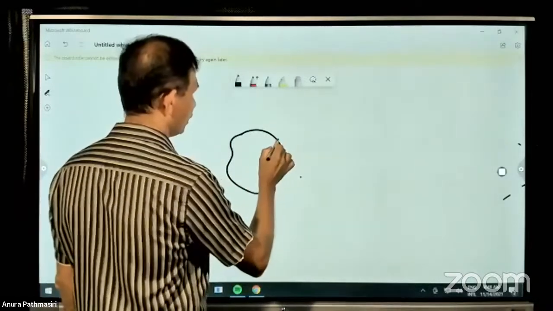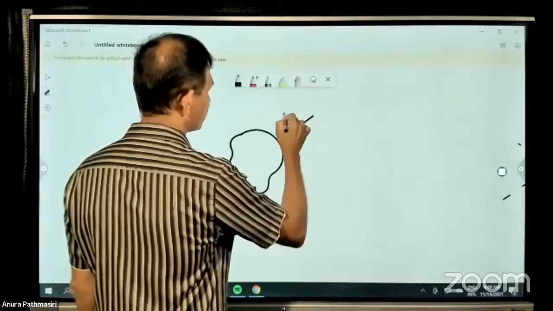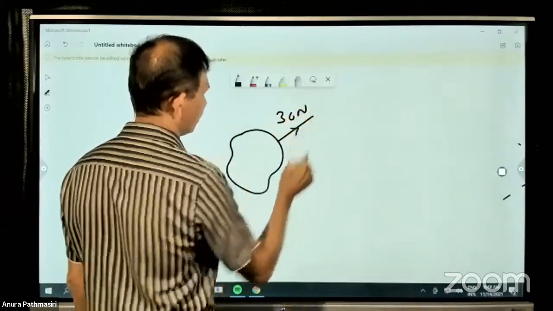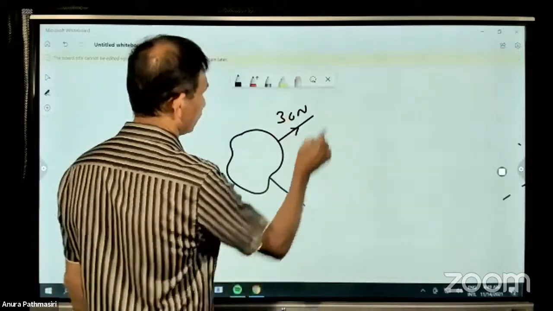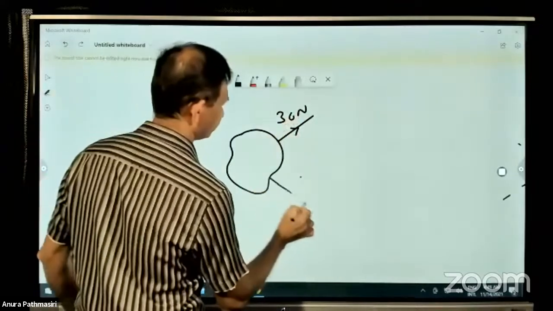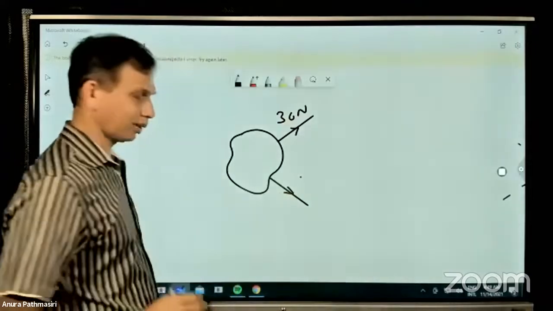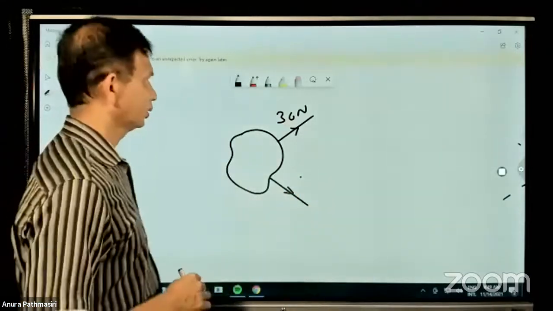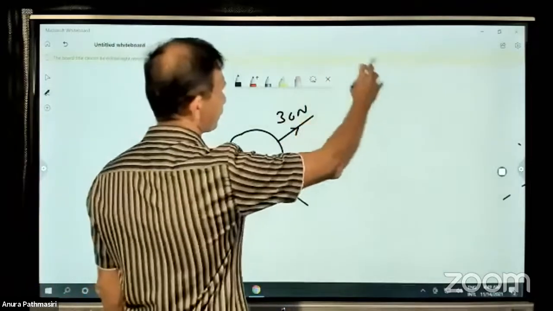So you are applying, imagine, 30 Newton, and you are going to apply here. The new update is good in one way, that the straight line can be drawn, not like the old version, but there are some issues after the update.